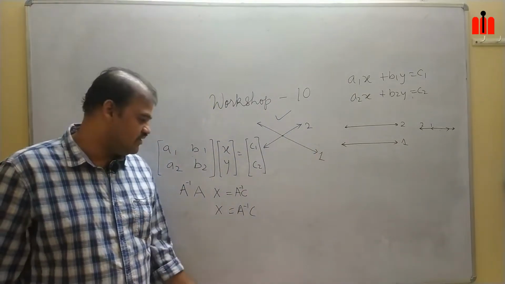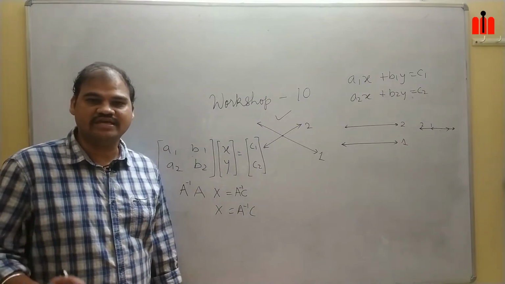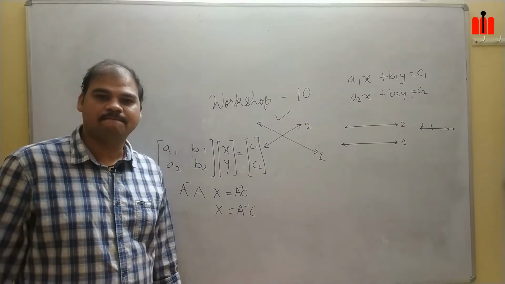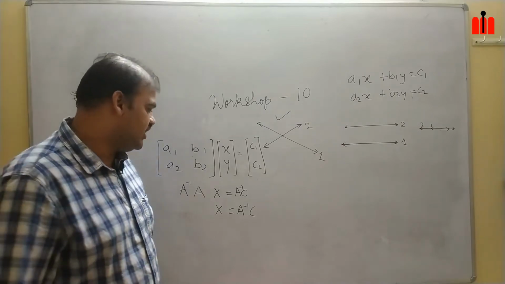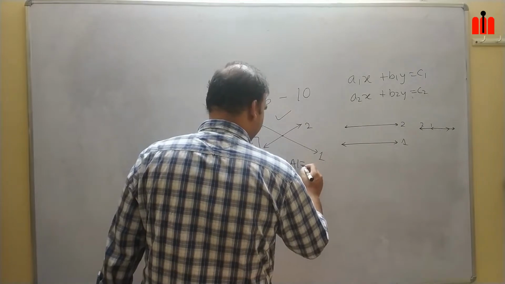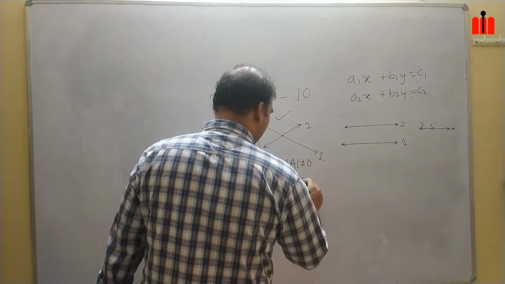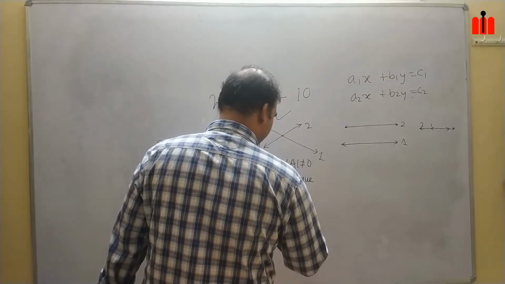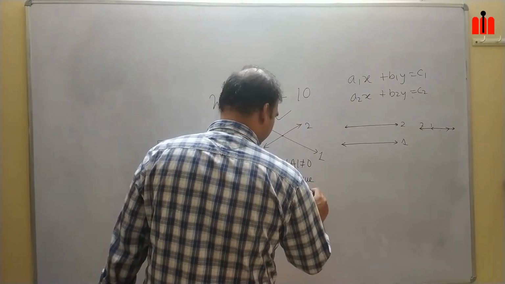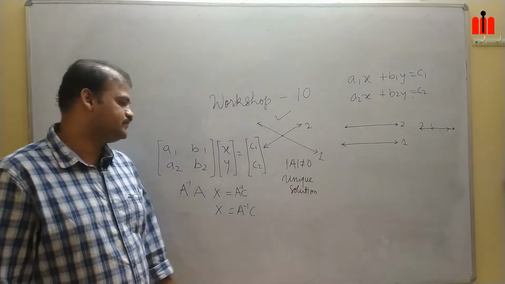Whenever A inverse is possible, that means A is an invertible matrix. Understood? So when determinant of A is not equal to 0, it will yield a unique solution.